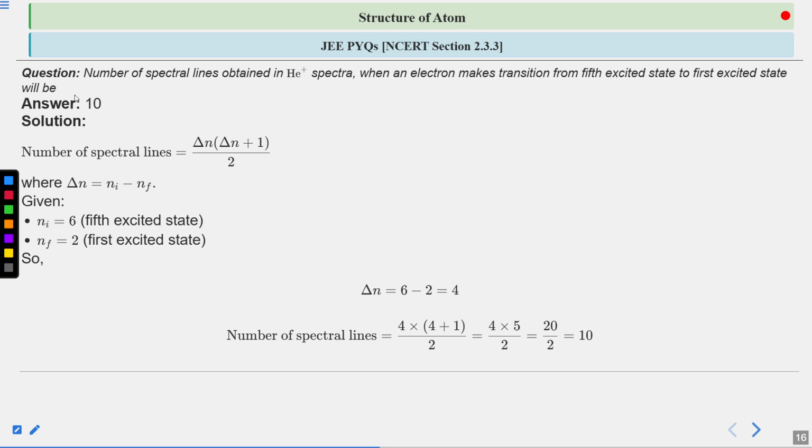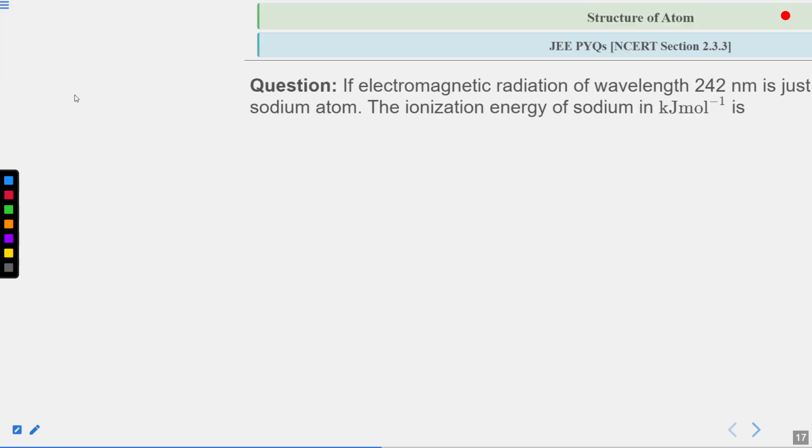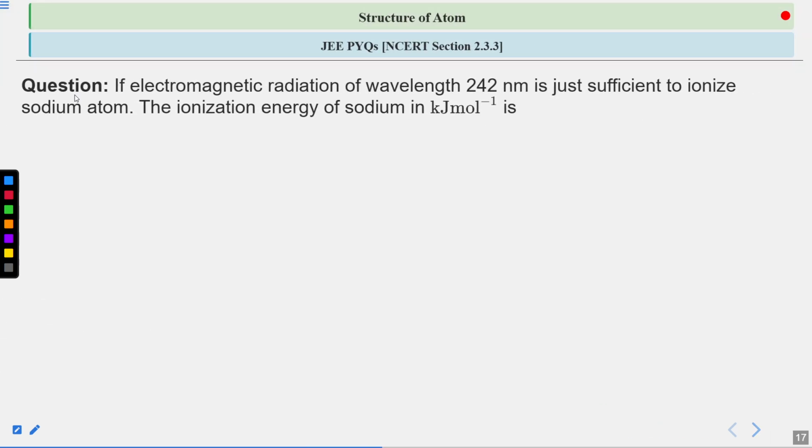Okay, moving on to our next question. This is a JEE PYQ. This is covering the NCERT section 2.3.3 in the chapter Structure of Atom. The question is saying that if the electromagnetic radiation of wavelength 242 nanometer is just sufficient to ionize the sodium atom, the ionization energy of sodium in kilojoule per mole is.